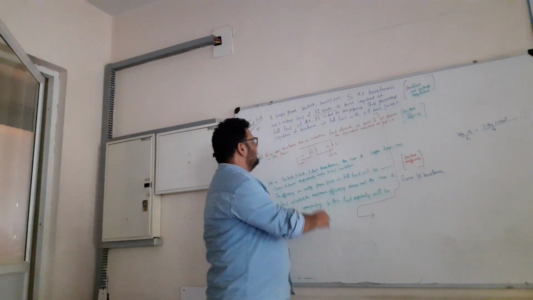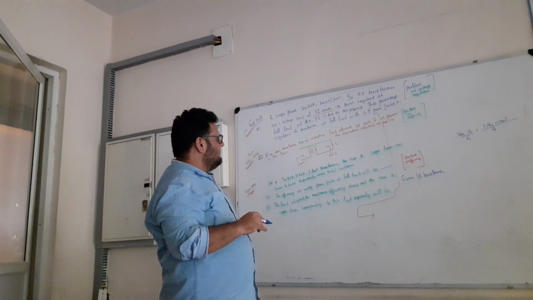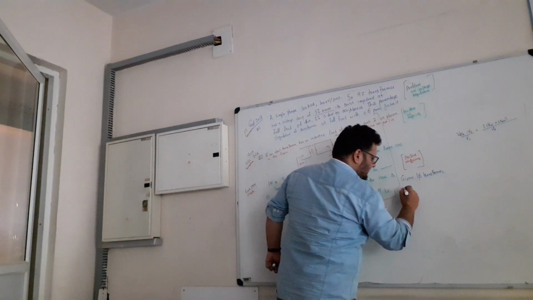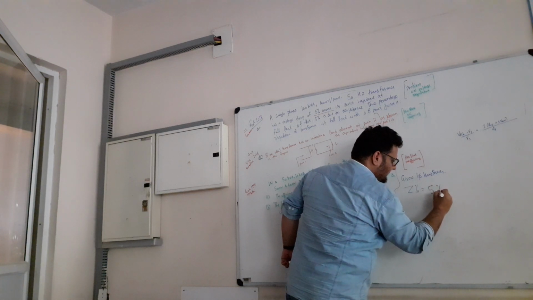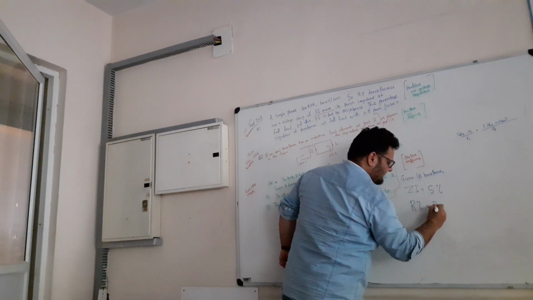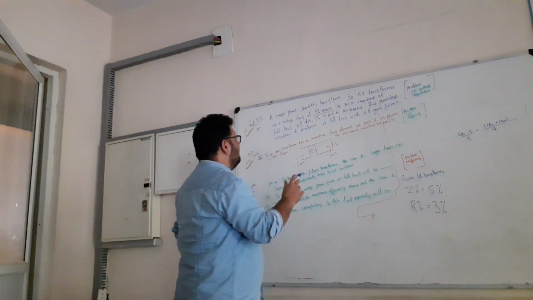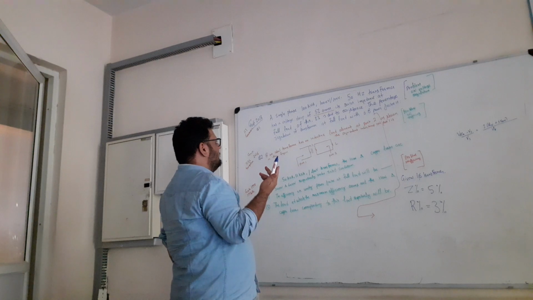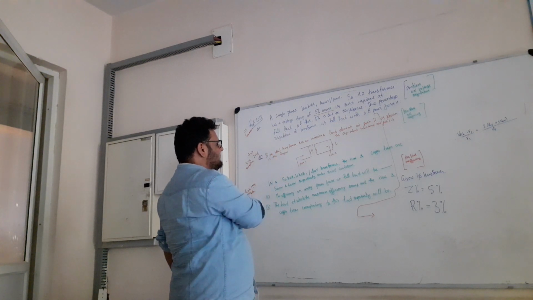Then it states the voltage drop of 5%, so the percentage impedance drop Z percent is 5%, and the drop in the resistance, I into R, is given as 3%.